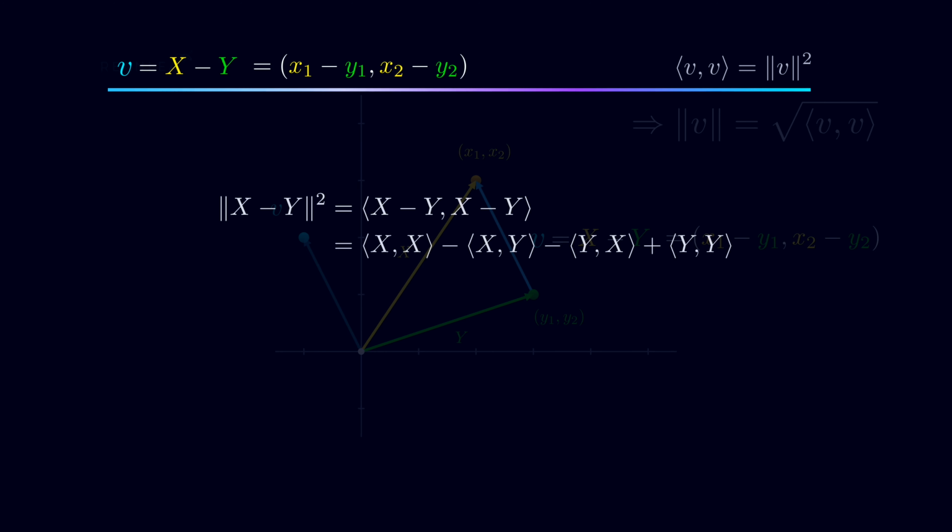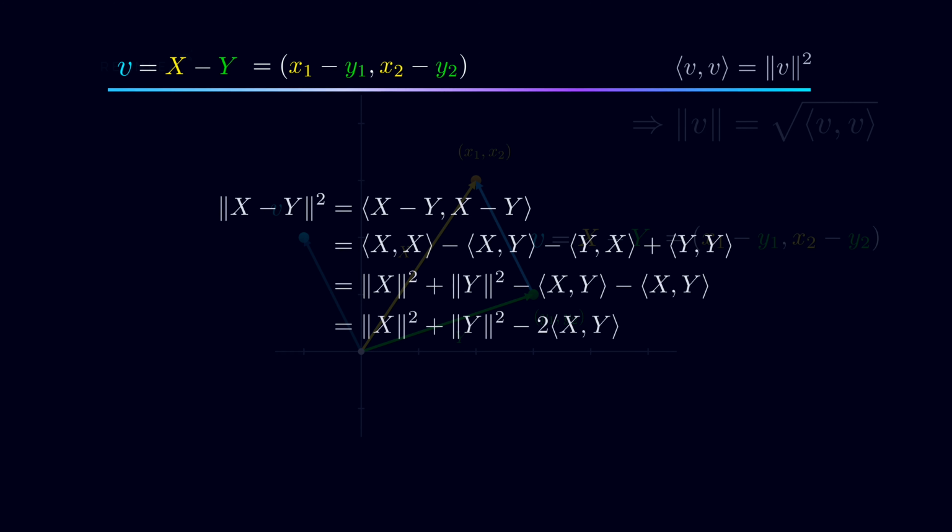Now again, using the relation of inner product and norm and the symmetry of inner product, we get it as norm x square plus norm y square minus the inner product of x and y, and again minus the inner product of x and y, and that is norm x square plus norm y square minus 2 times the inner product of x and y.